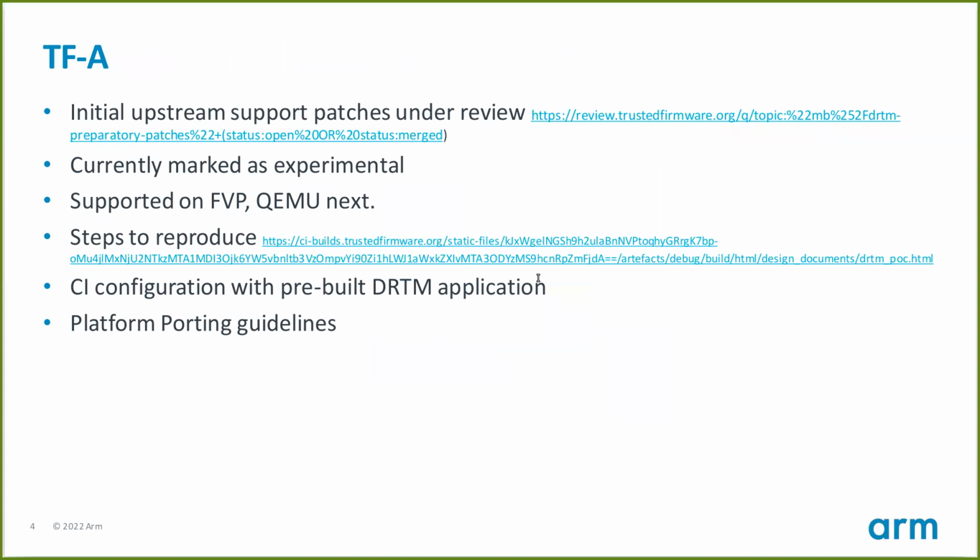On TFA, the current status is we have quite a few patches which were developed with ATG in ARM. Lucian provided us with the initial proof of concept code, and Manish and I have built on top of it.